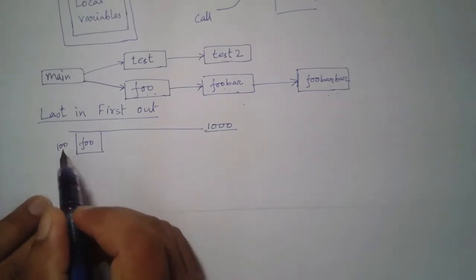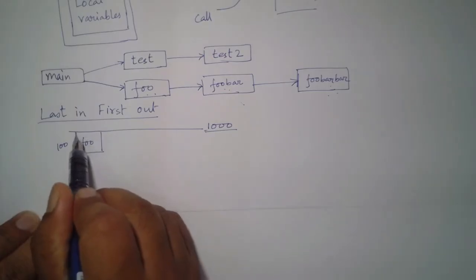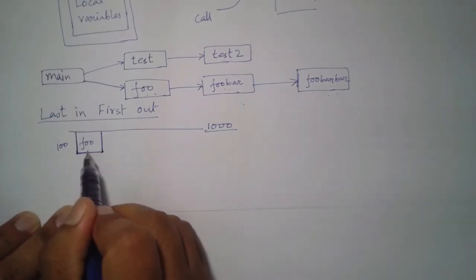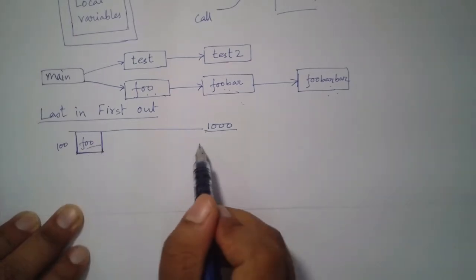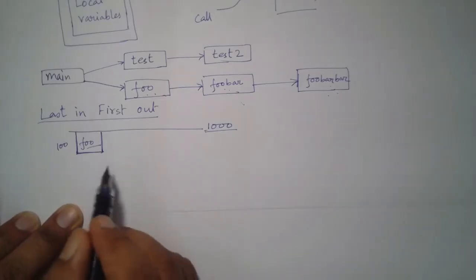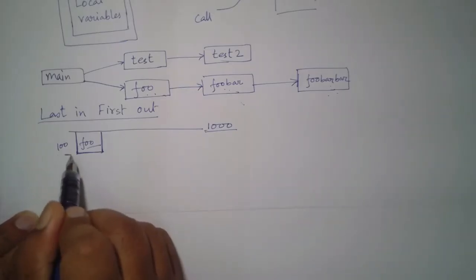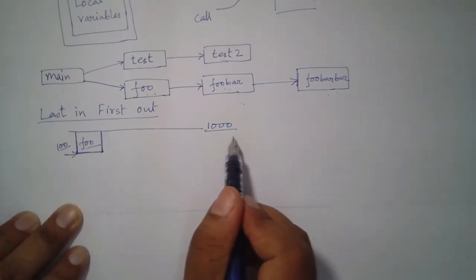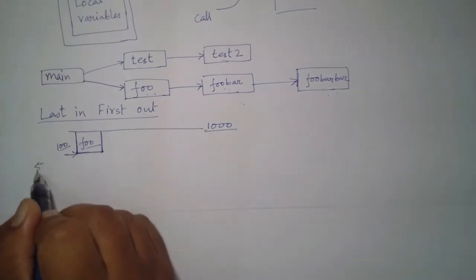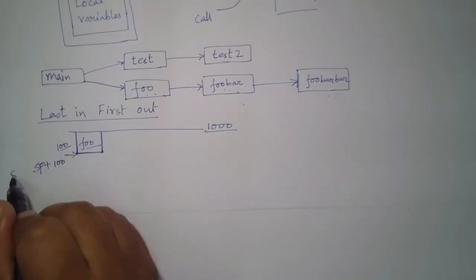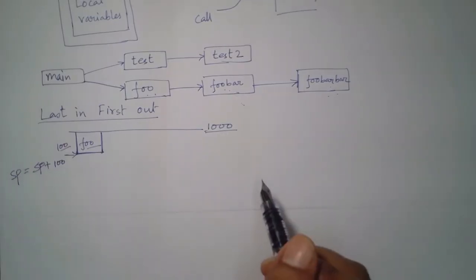Now when I allocate this location as the activation block for foo, how do I do that? I can very easily do that by just changing my stack pointer. So if it is 100 bytes, I can just say that okay, subtract 100 from my stack pointer and save that as my new stack pointer.